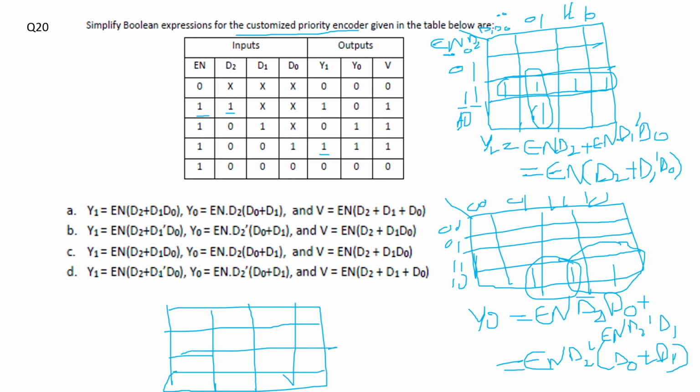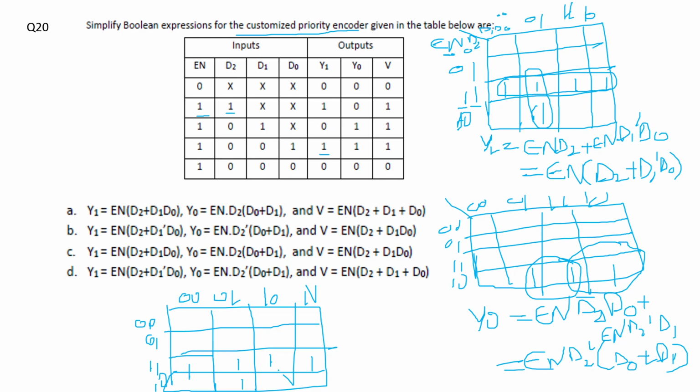And finally we have output v. So v is 1 whenever en and d2 are 1 1. So this row, and we have don't care on these two, and this is also 1 for 1 0 1 0, 0 0 1 1, 1 1 0 1, and there is a don't care on d0.